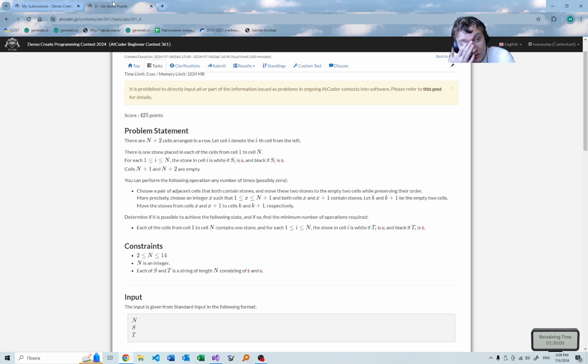N+2 cells arranged in a row. Let cell i denote the ith cell from the left. In each cell from, okay, I think it's time when we need the actual tablet.